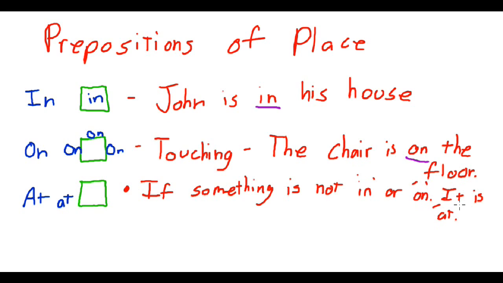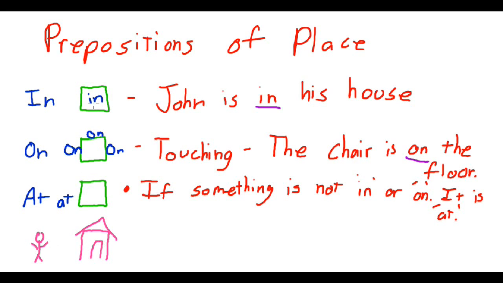Alright? So for example, if we think about a person, okay, a person, and yeah, maybe a house. Not a very good house, but it is a house. So remember in. Is the person in the house?